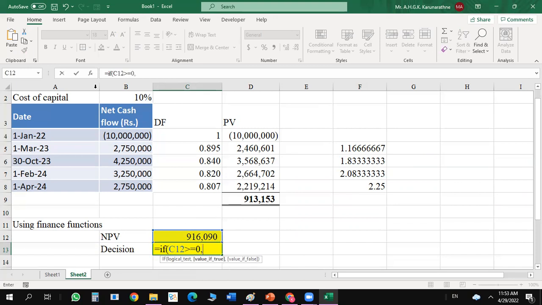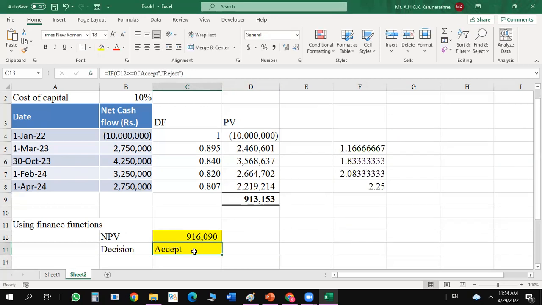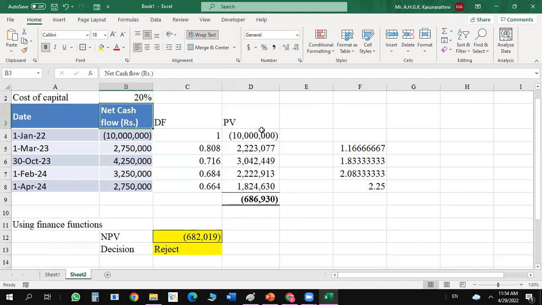If that's true, say accept. Otherwise, say reject. Let's say the cost of capital increases to 20%, then NPV is negative, then right, it is rejected.